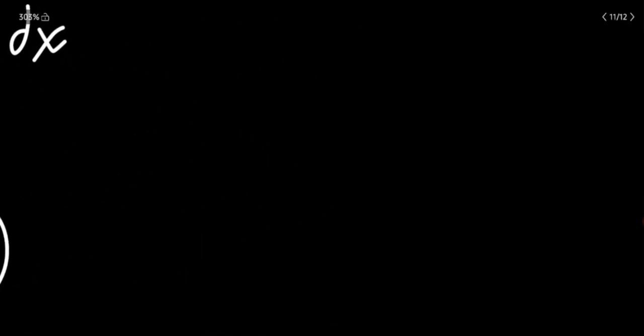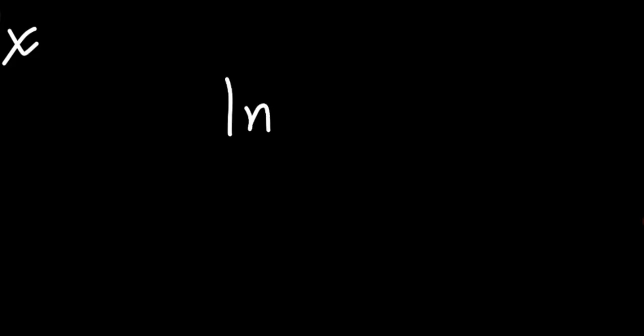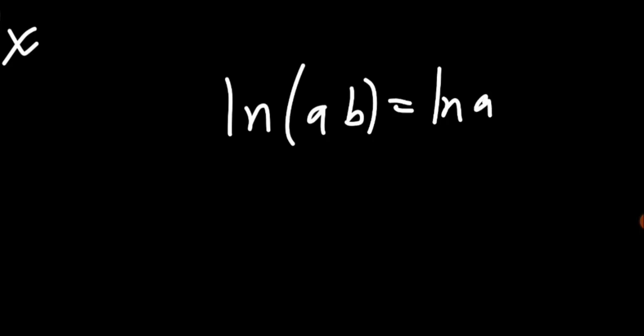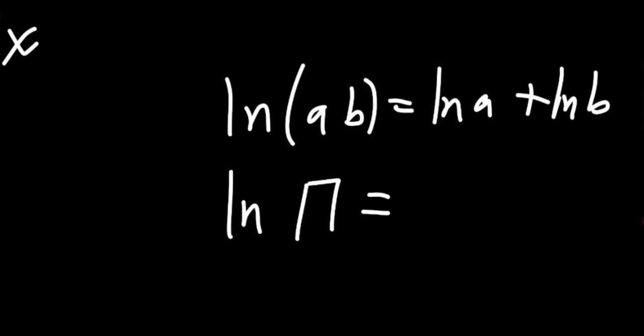So if you remember our log properties, ln of AB is equal to ln A plus ln B. So this means that the natural logarithm of a product is the summation of its ln's. This is a bit of a notation abuse, but yeah, you get the idea.